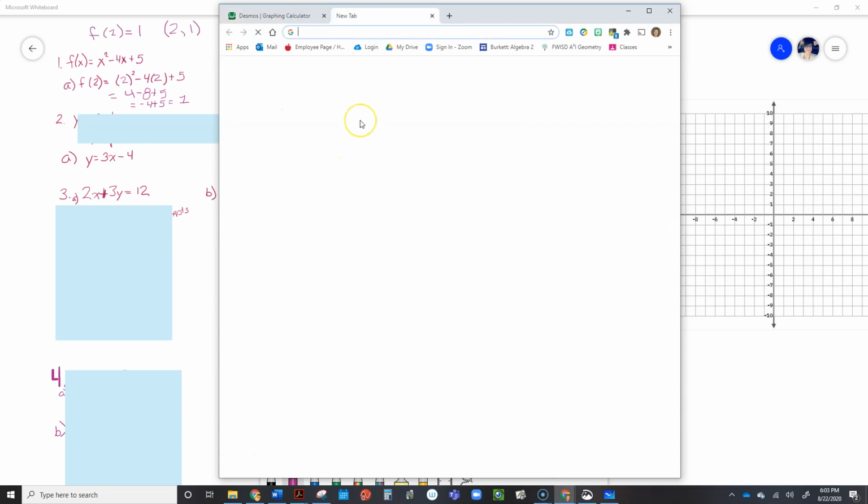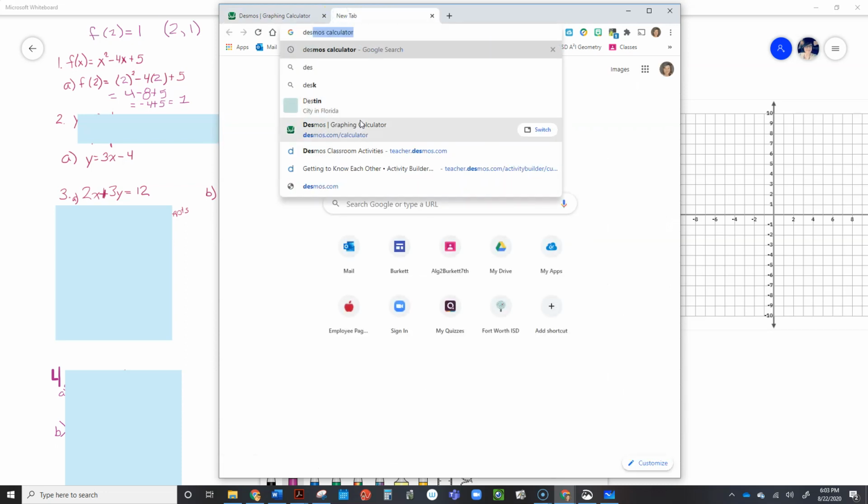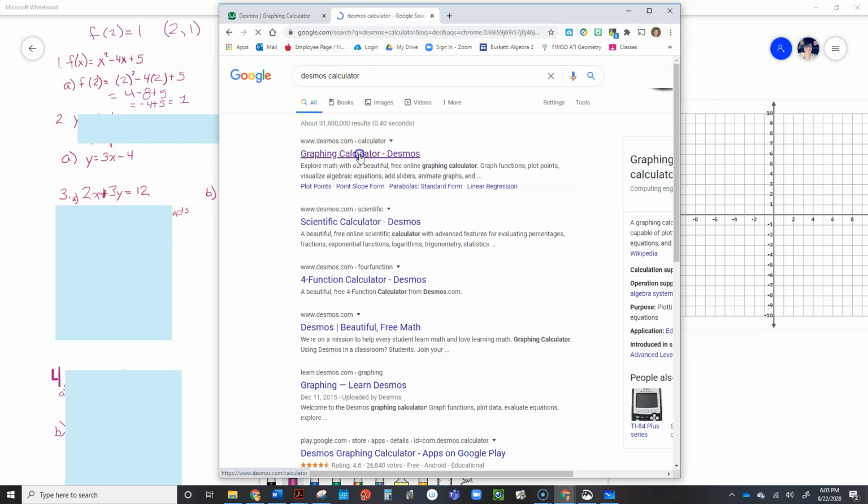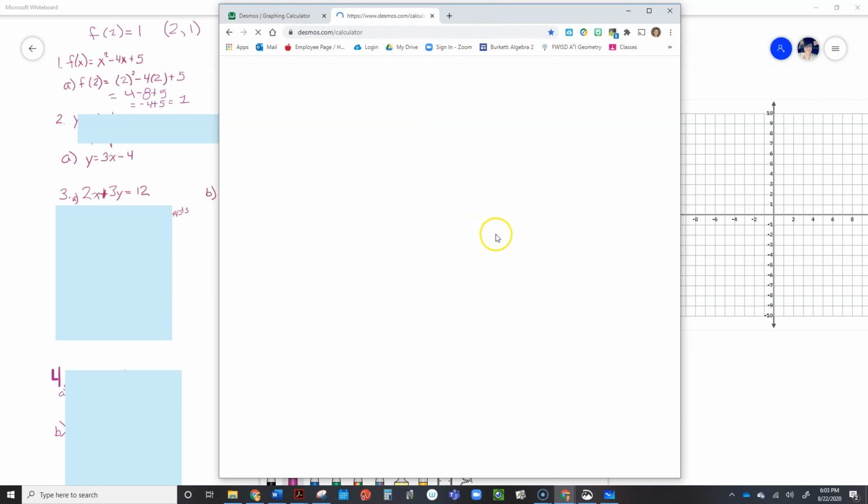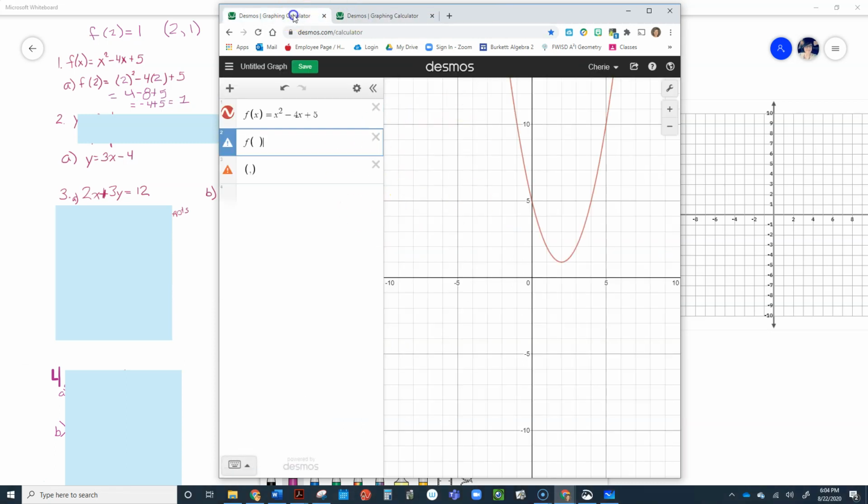If you just type Desmos into a Google page, the Desmos calculator pops up, it pops up the graphing calculator, and you get this page, the same page that I had right there. The only difference is that I already had typed in x squared minus 4x plus 5.